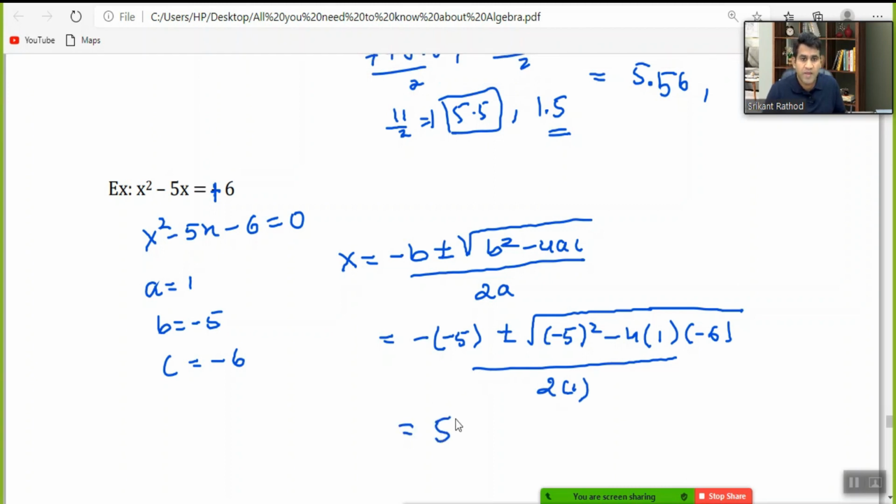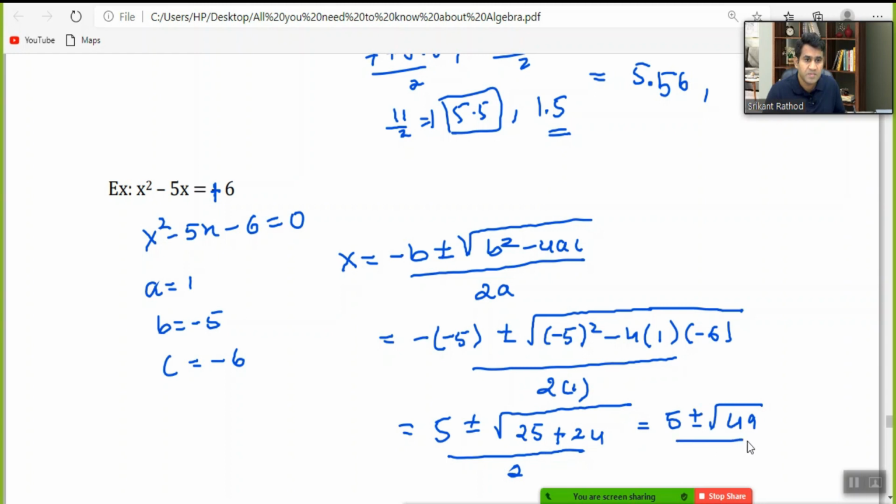So 5 plus or minus square root of 5 square is going to be 25, minus 4 times 1 it's going to be minus 4, and minus 4 times minus 6, minus times minus is going to be plus, 4 times 6 is going to be 24. So this entire thing is divided by 2. This is written as 5 plus or minus square root of 25 plus 24, which is 49, divided by 2.